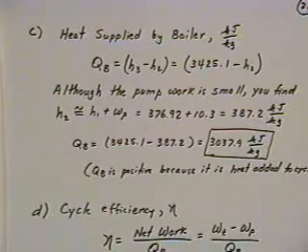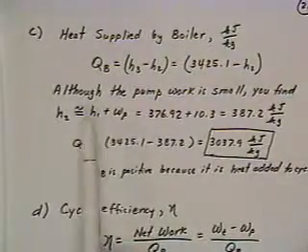Now, you would not introduce a large error in your problem if you said, okay, the pump work is really negligible and the enthalpy of 2 was equal to the enthalpy of 1. That would not introduce a large error. However, it would probably turn out to be a mistake that you wouldn't want to make.